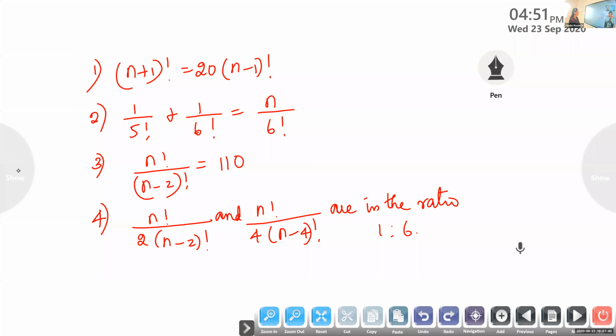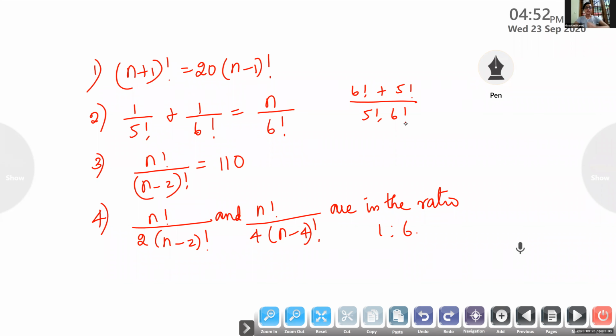Can you explain that one, Gayatri? Yes, ma'am. We can take the LCM, so 5 factorial into 6 factorial, 6 factorial plus 5 factorial by 5 factorial into 6 factorial. Is it like this you are saying?